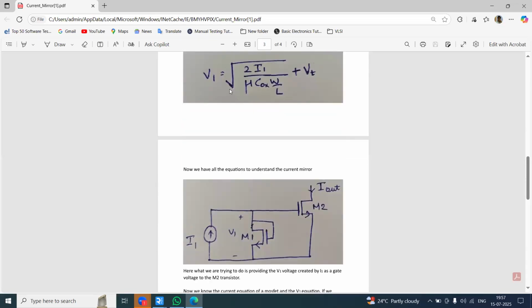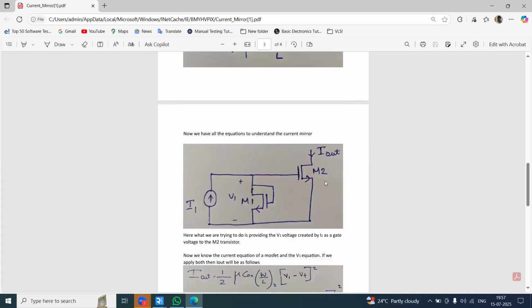After getting the V1 voltage value, when we add one more device here, I said we are having common gate connected devices with respect to the diode connected device. This is a common gate which is connected to another device, the slave device. So in order to get the output current, how do we calculate it?